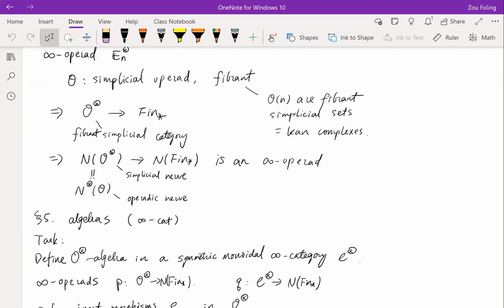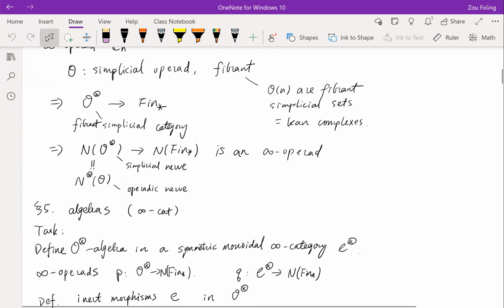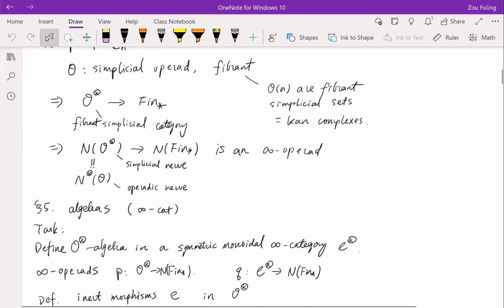So it's a fibrant simplicial category. Then you can take the simplicial nerve of this fibrant simplicial category, and you will get an infinity category. And that gives us an infinity operad. We define this to be the operadic nerve of O⊗, and that's how the E_n tensor is constructed.